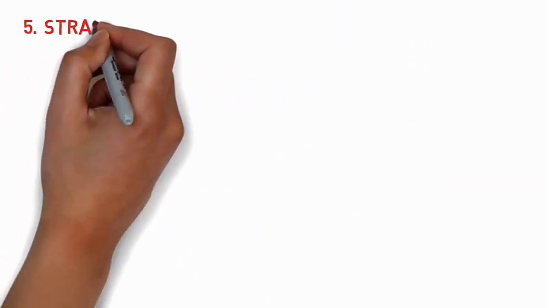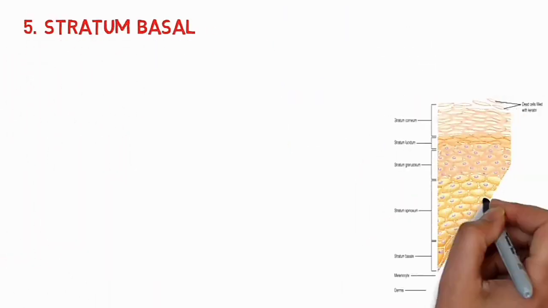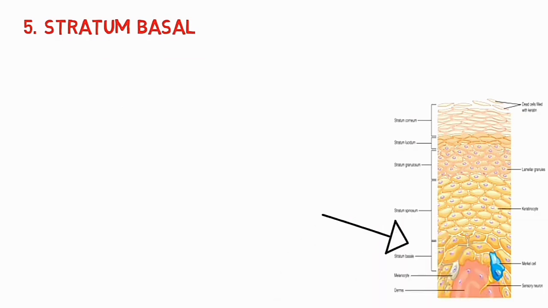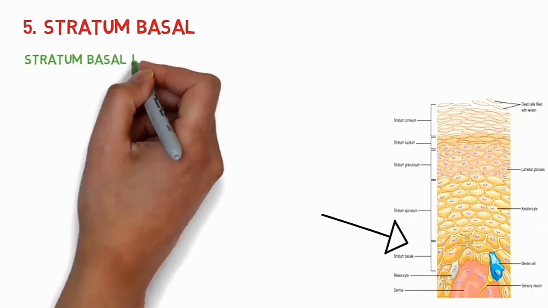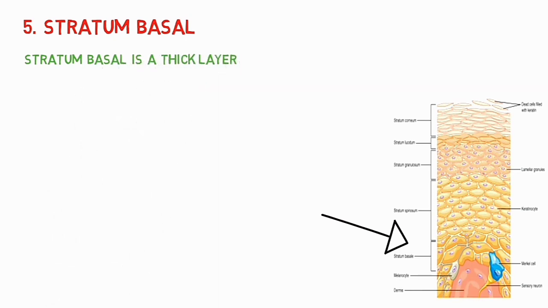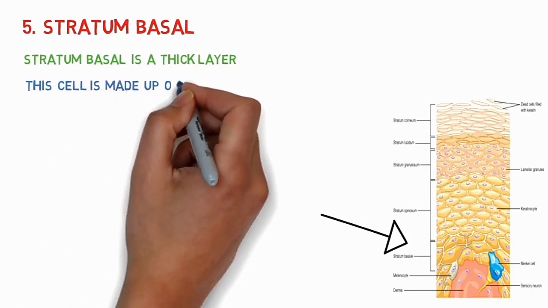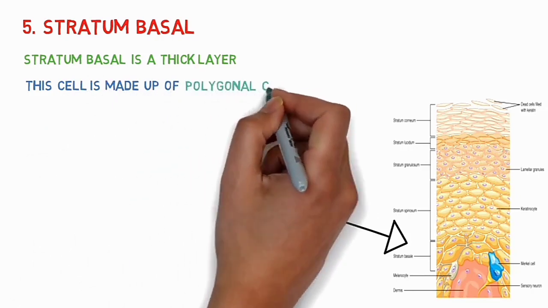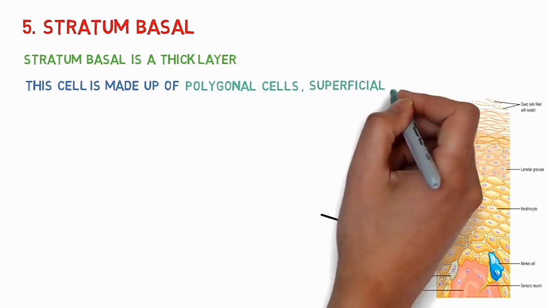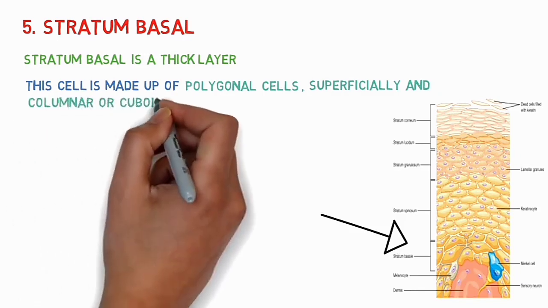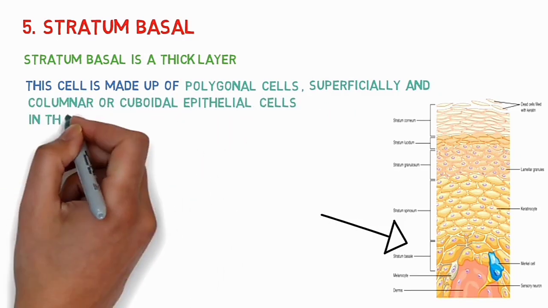Now, fifth, stratum basal. Stratum basal is a thick layer. This layer is made up of polygonal cells, superficially, and columnar or cuboidal epithelial cells in the deeper parts.